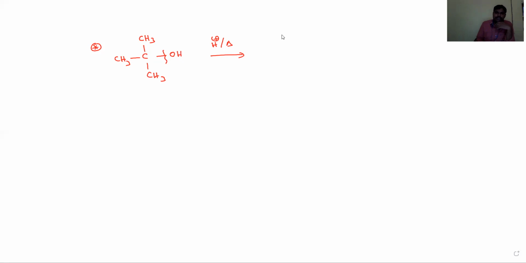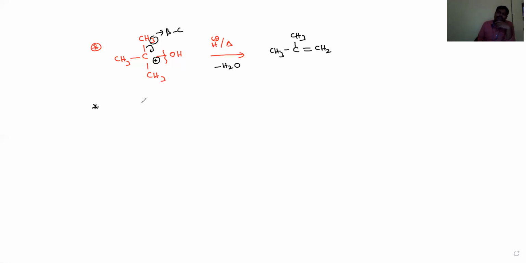These are all similar beta carbons. We can remove a hydrogen from any one of the beta carbons with loss of water, and the product is 2-methylpropene.